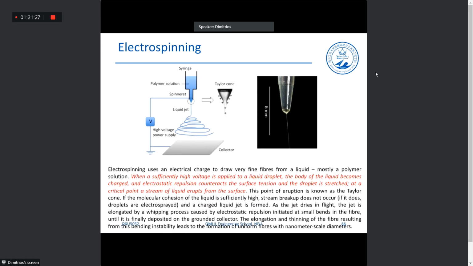And because we have this current collector at the end, we create this difference in voltage between the liquid droplet and the collector, and that ends up creating these fine fibers by producing what is called these Taylor cones. And because of the stretching between the differences in voltage between the collector and the spinner, we have these very, very thin types of fibers, okay?